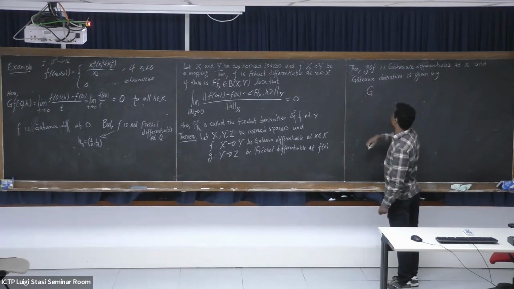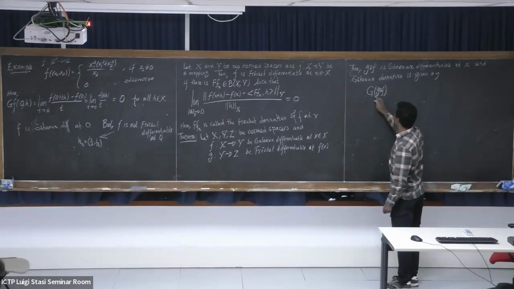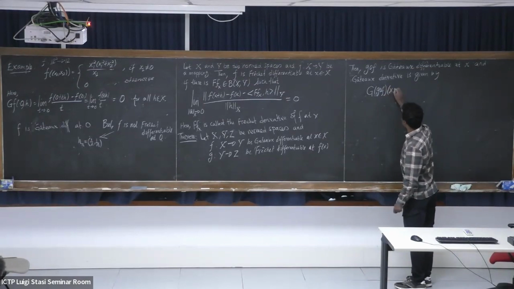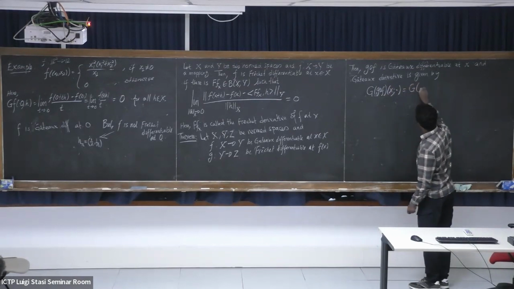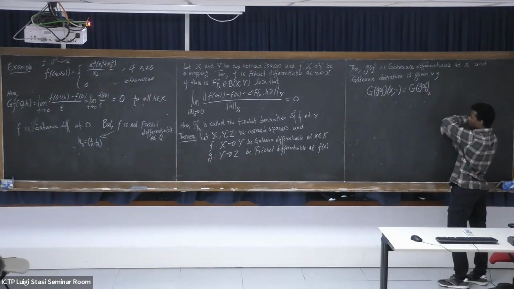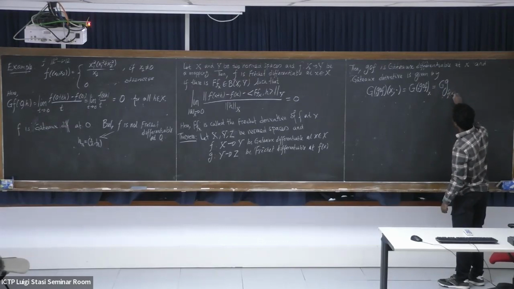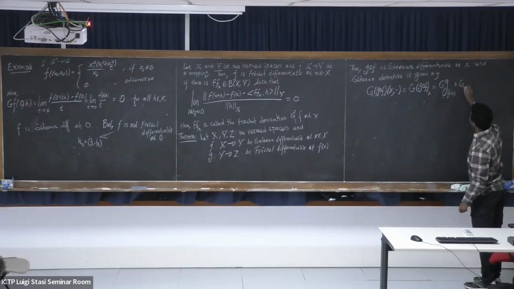The Fréchet derivative of the composite at x is the Fréchet derivative of g at f of x composed with the Fréchet derivative of f at x.